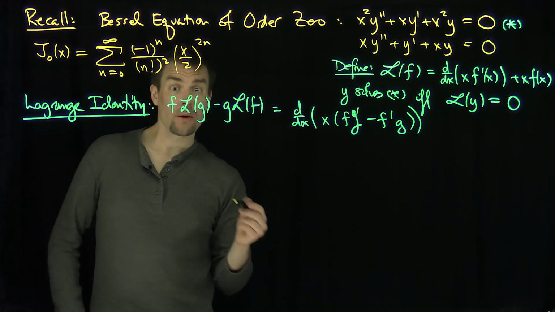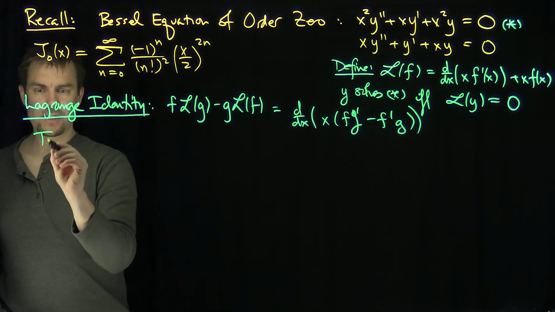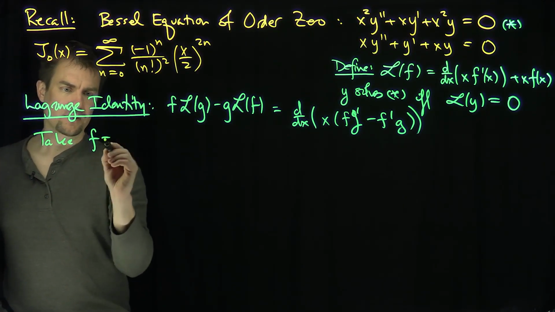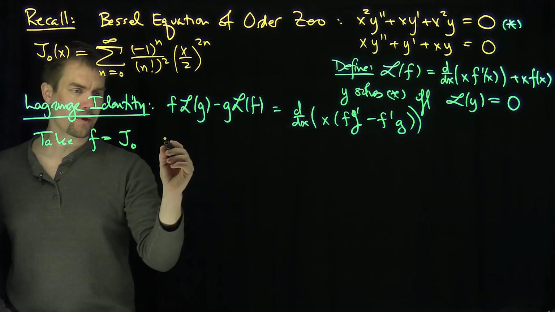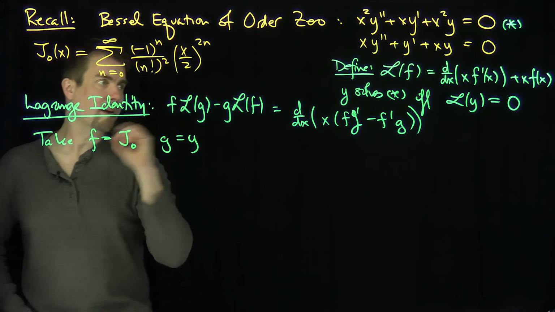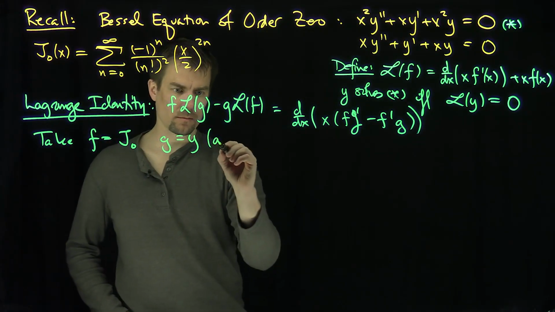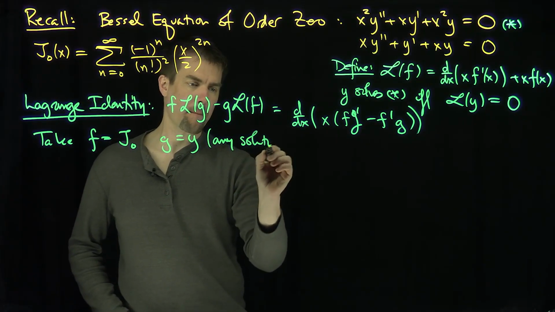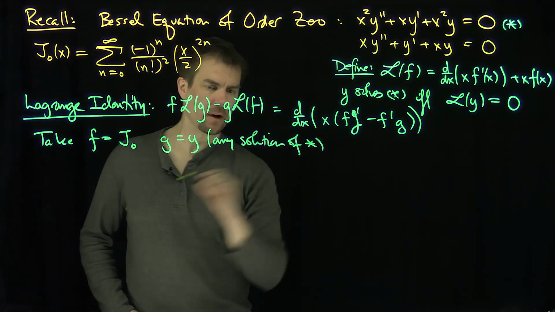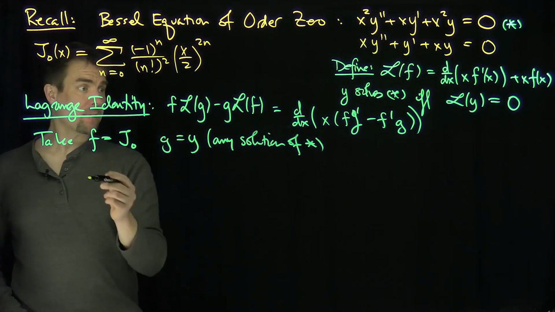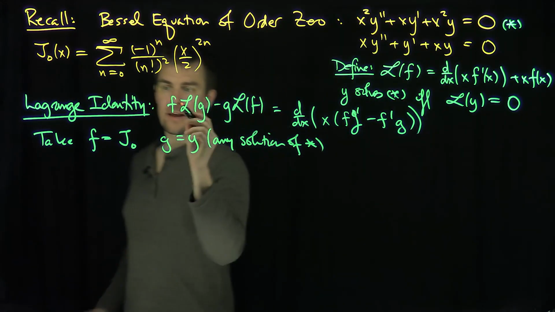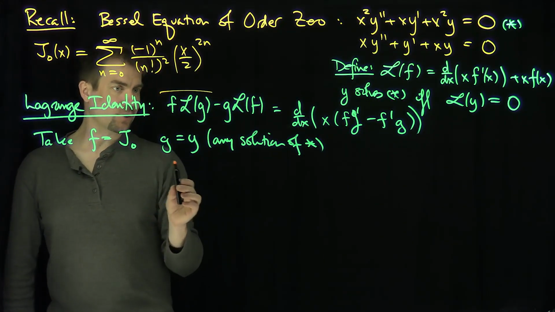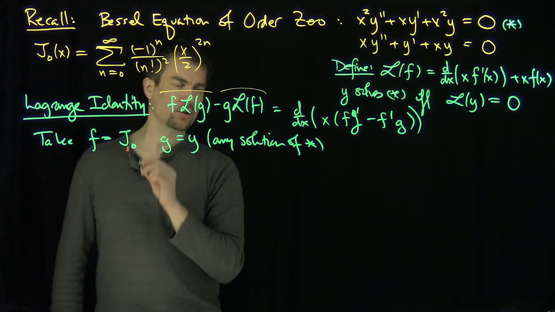All right? And so now in this identity, I'm going to take f to be J0, which we all know is a solution, and g to be y, just any solution of star. And of course, what will happen if we do this? The left-hand side is going to be 0, because we know that g is a solution, so that term vanishes, and f is a solution, so that vanishes.